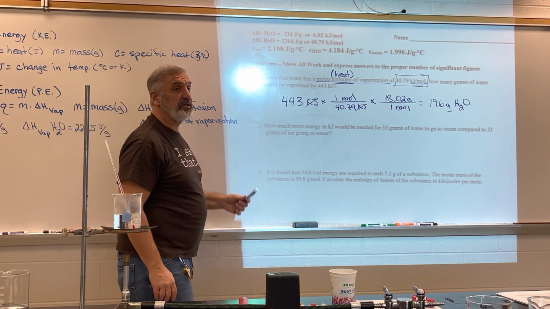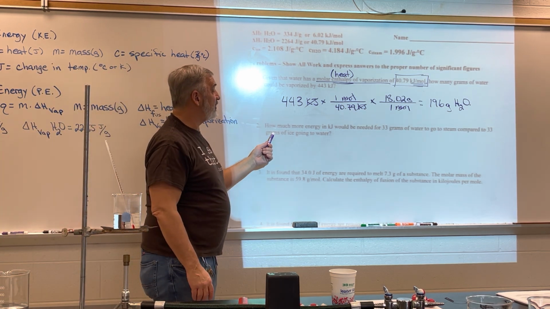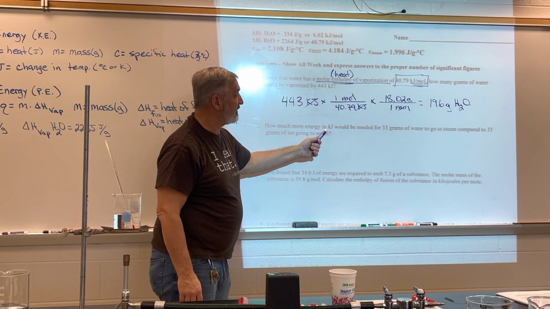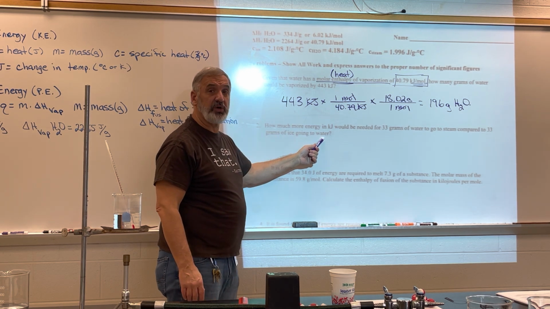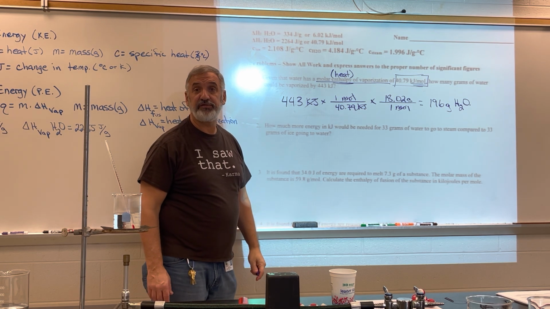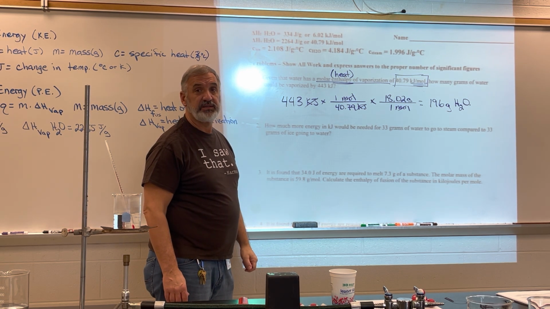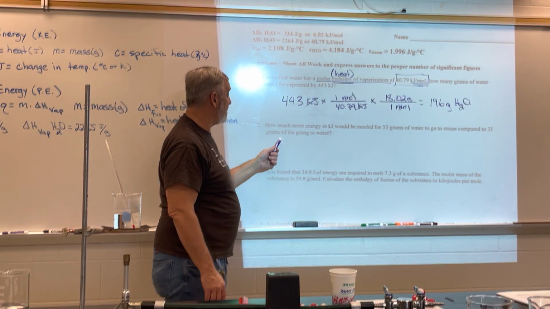So I look at number 2. How much more energy in kilojoules we needed for 33 grams of water to go to steam compared to 33 grams of ice going to water? Well, what 2 values am I going to need to use for that? If I'm going from water to steam, and I'm going from ice to water.